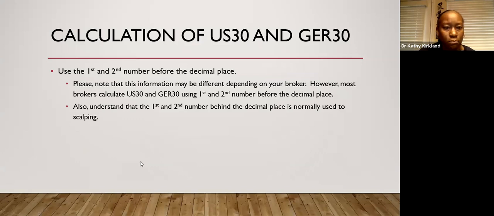Uh-oh. I done clicked and did something, y'all. Hold on. I don't know what I done did. Oh, no. Okay. Can everybody see my screen? This should say calculation of US 30 GER 30. Does everybody see that?